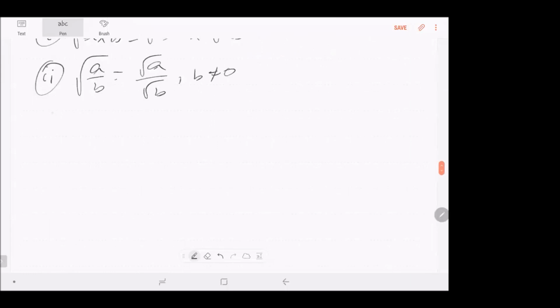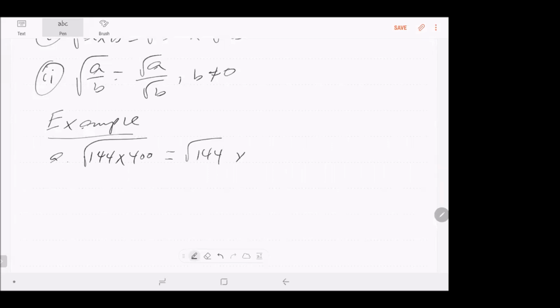Let us mention some examples. To calculate the square root of 144 times 400, it is possible to multiply the numbers in the radicand and extract the result from the square root. But simply by applying the above properties, this expression can be written as the square root of 144 times the square root of 400. 144 is a perfect square, 400 is also a perfect square.